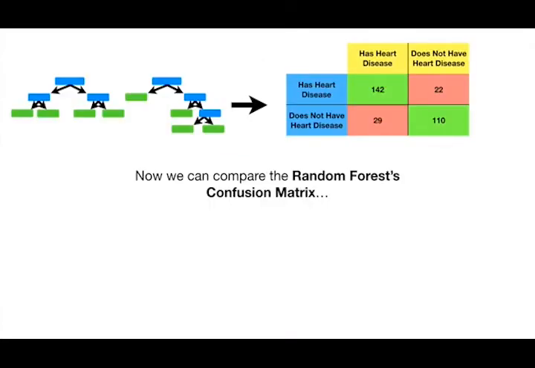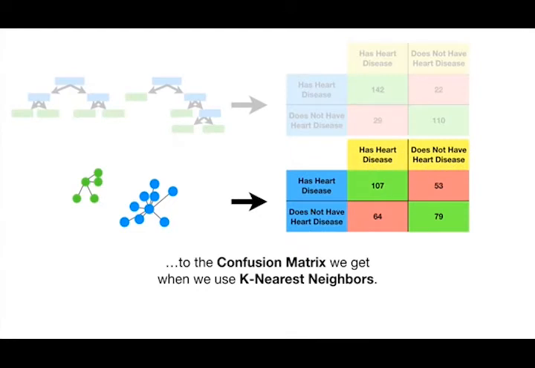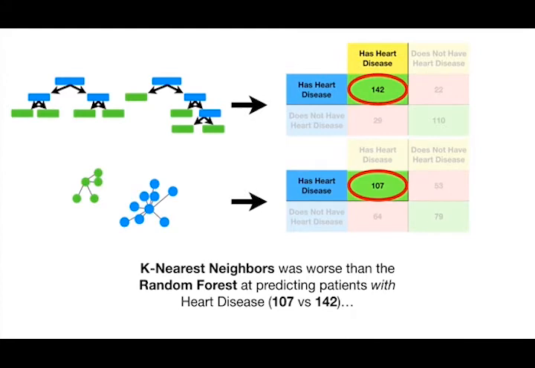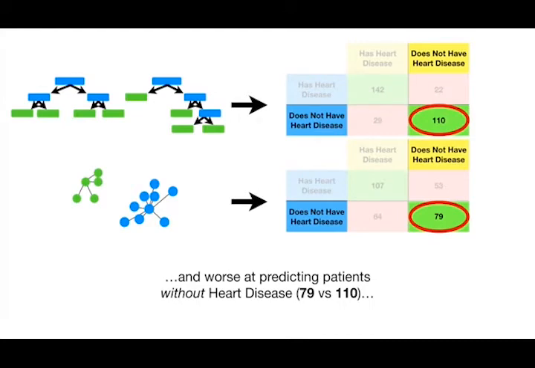Now we can compare the random forest confusion matrix to the confusion matrix we get when we use k-nearest neighbors. K-nearest neighbors was worse than the random forest at predicting patients with the heart disease, 107 versus 142, and worse at predicting patients without heart disease, 79 versus 110.